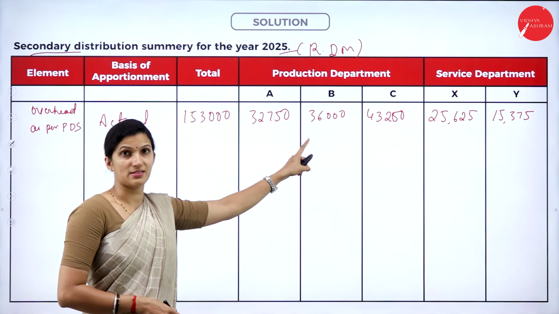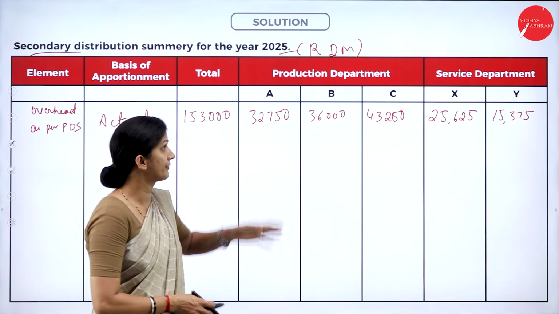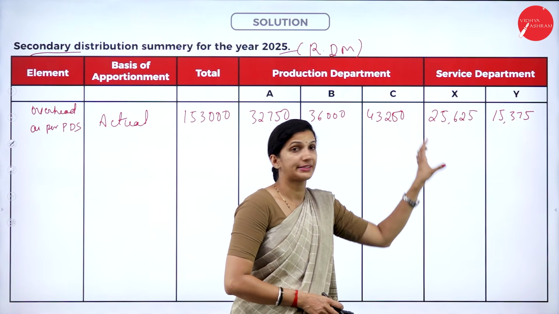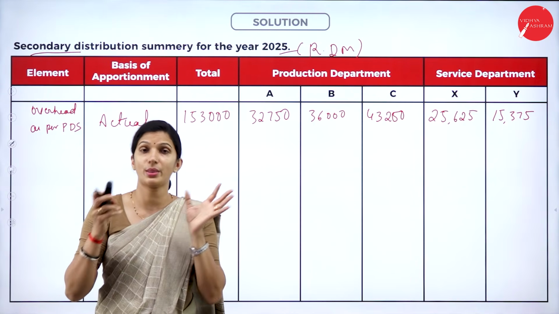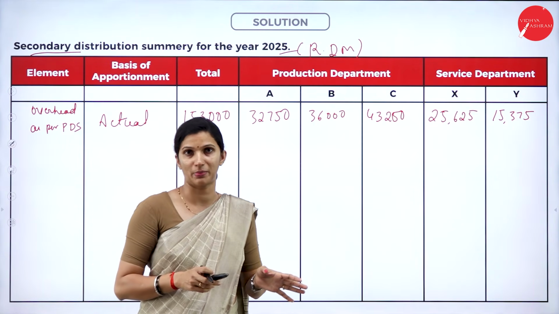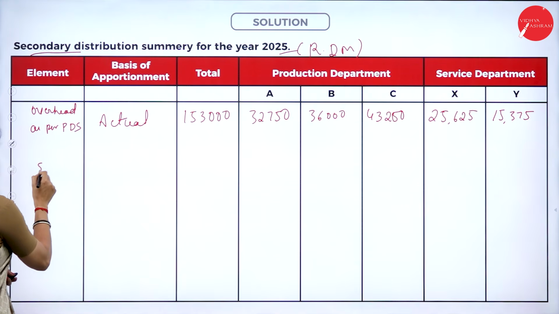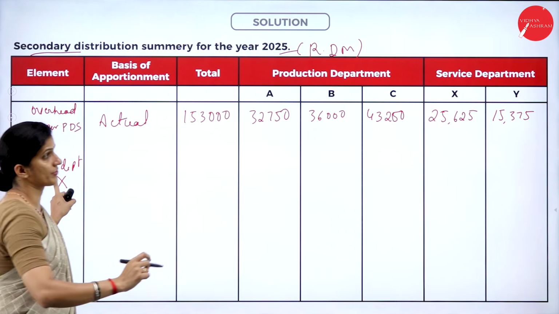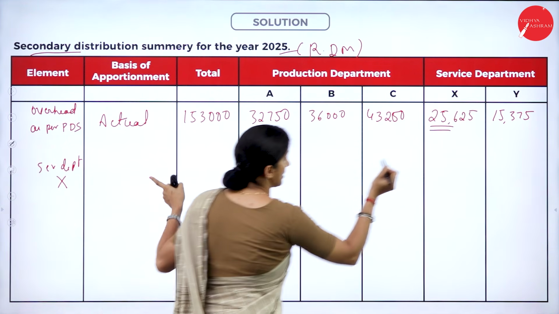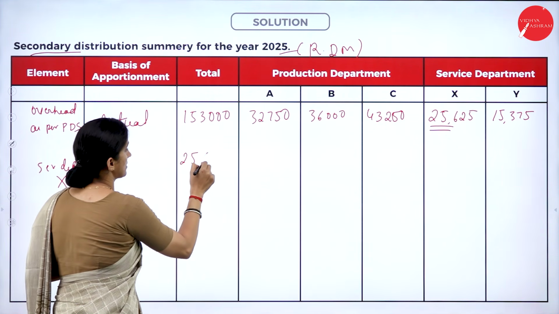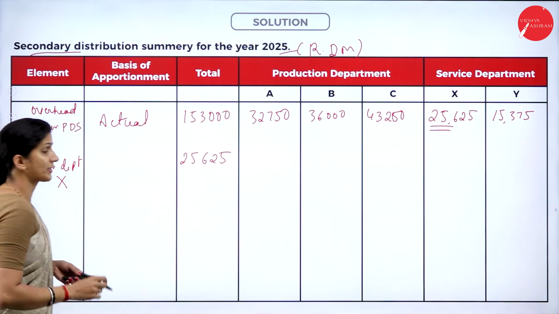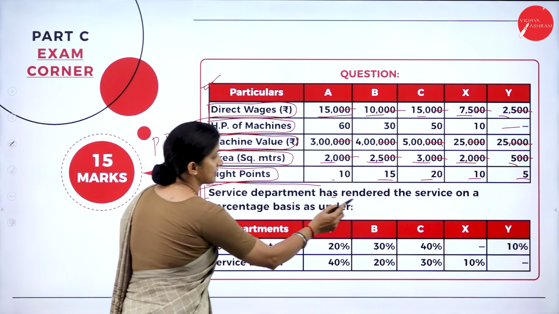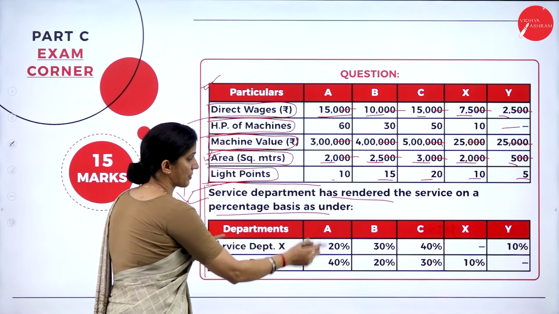After this total is taken, the next step is to take the service department overhead, and that amount has to be reallocated or redistributed to all the remaining departments. So here we have service department X. What is the overhead of service department X? We have 25,625. So what is the ratio? The service department has rendered the service on a percentage basis as under.